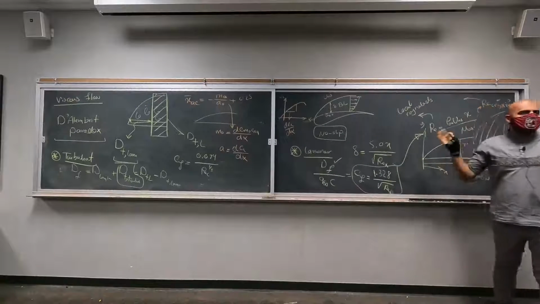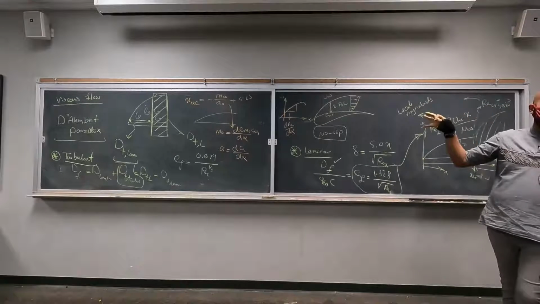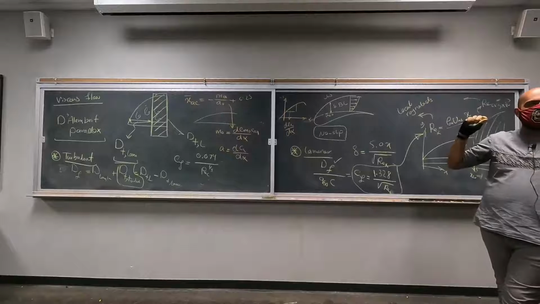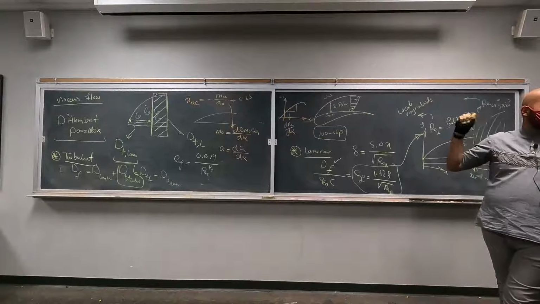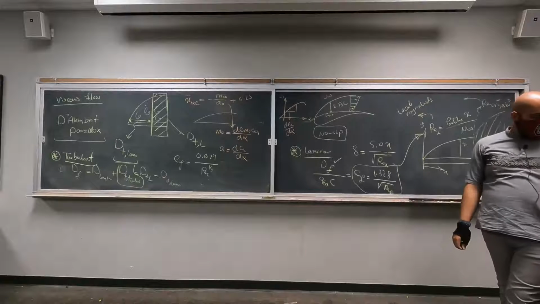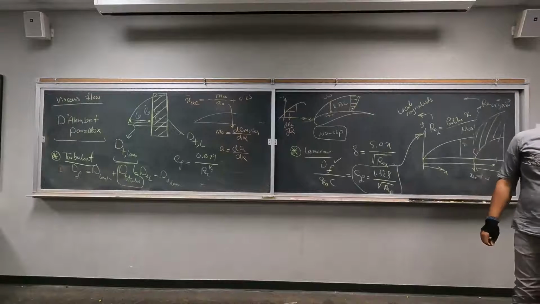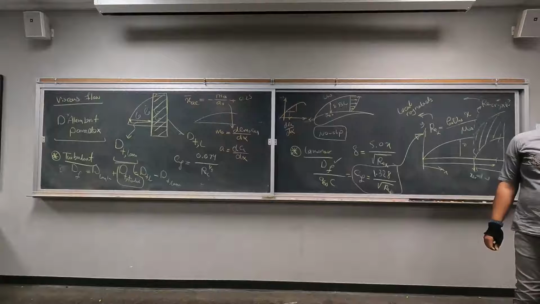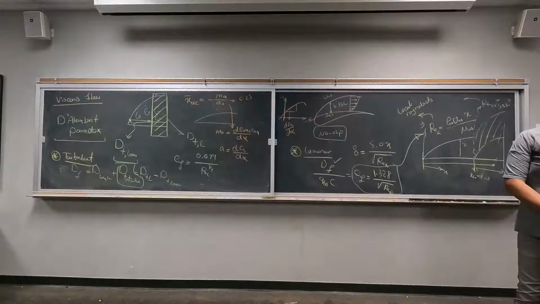What is dCl/d alpha for a thin airfoil? 2 pi. That's it. This is something we have calculated. Let's see if we have enough time. I don't know if we have enough time for this example, though.